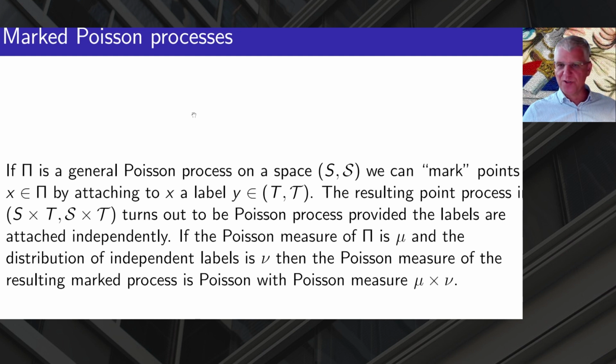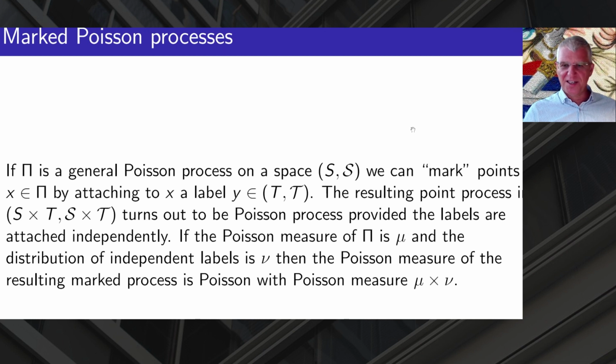If you have a general Poisson process on a space, we can mark points by attaching to a point of this Poisson process a label y from another abstract space. And the resulting point process in this Cartesian product turns out to be a Poisson process, provided the labels are attached independently. That means that for every point in the Poisson process, we toss a coin independently of all the other points.